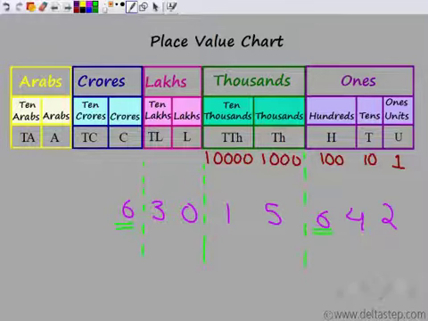And hence this chart is called the place value chart, because the place of a number is very important. This is 600, this is 6 crores. The value has changed a lot, but the number is the same. You've used the digit 6 in both places, but it is the place that is determining its value. And hence we call this the place value chart.